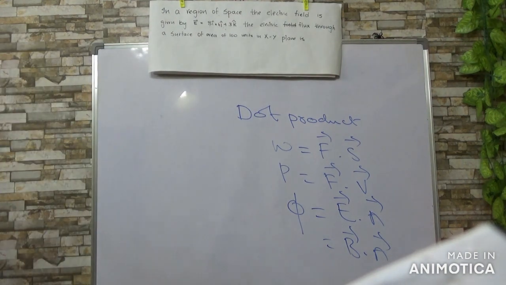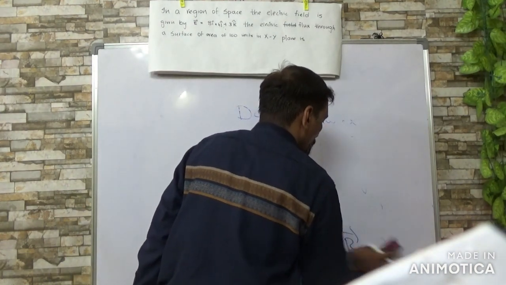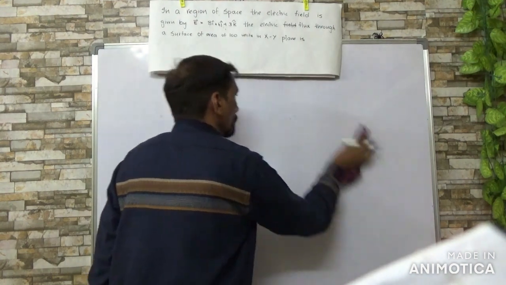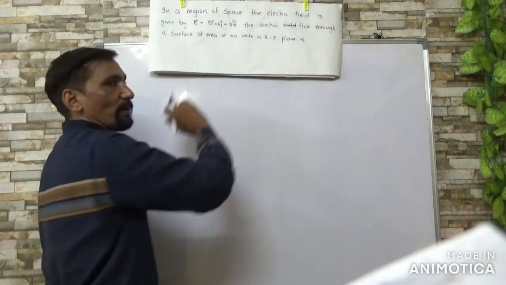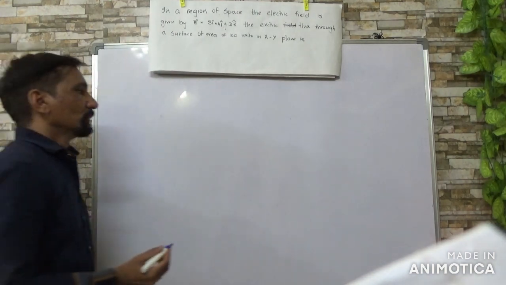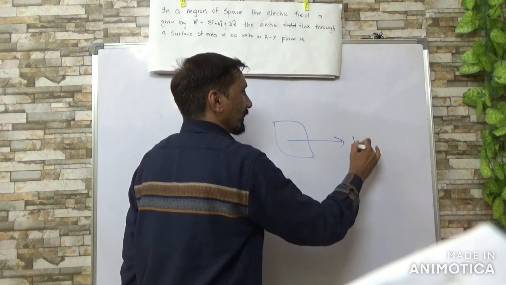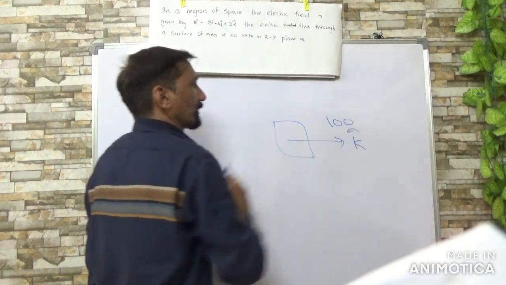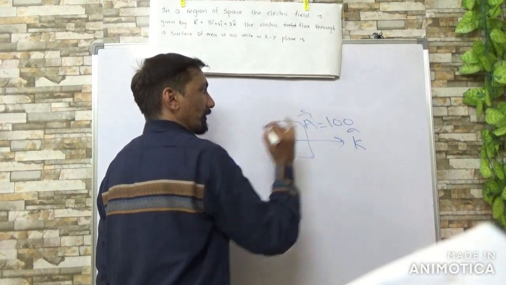In this problem you are given the strength of the electric field vector. The area is 100 units, given in the xy plane, so its projection is taken along k: 100 units in the k direction is the area of cross section.